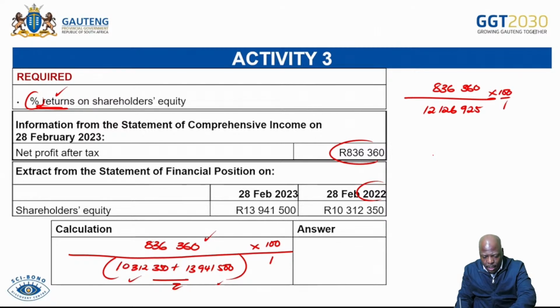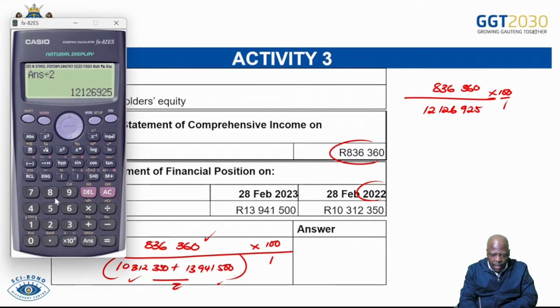Okay, so let's see if we come here. It's going to be my 836,360. I'm going to divide that by my 12 million, 126,925. And then remember, it is a percentage.